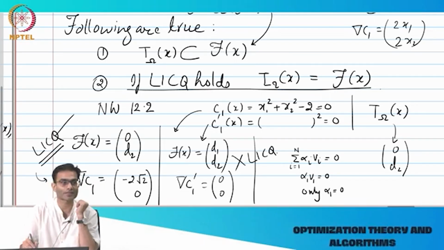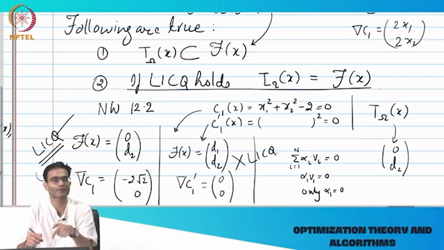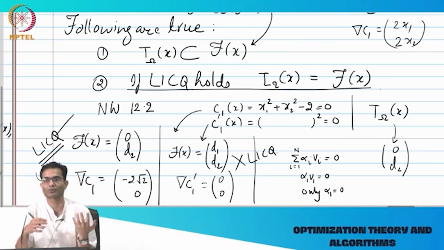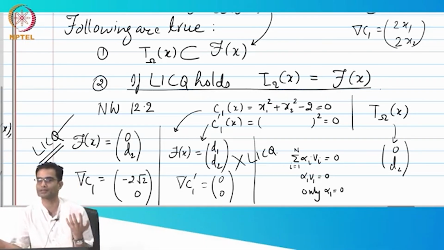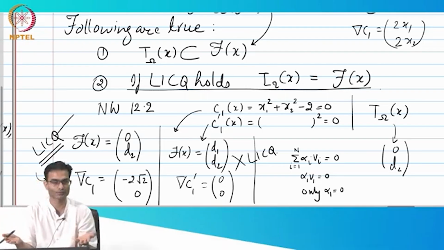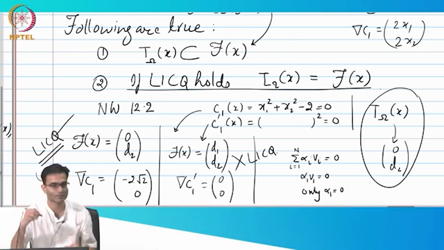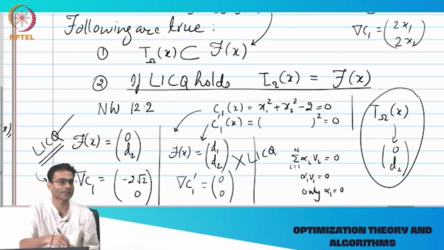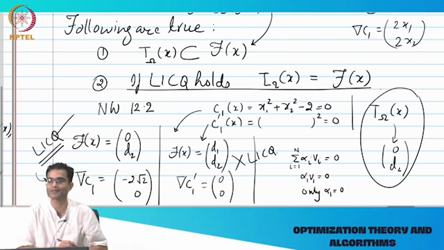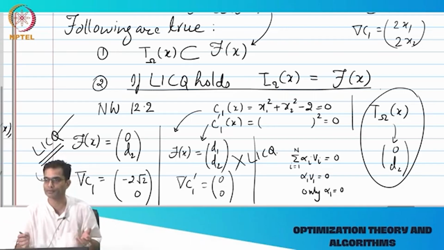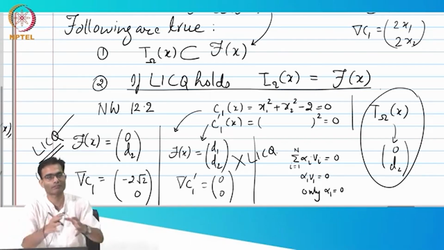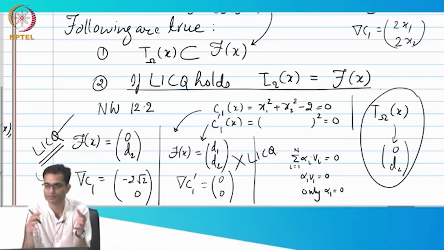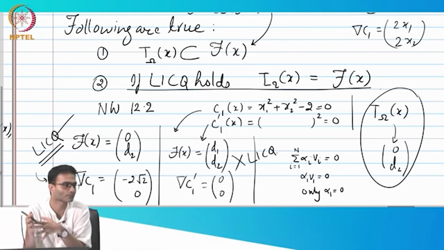Now when it did not satisfy LICQ, we should not expect the tangent cone and the linearized feasible directions to be the same, and that's correct. The tangent cone is telling me this, and it's only agreeing in the case where LICQ holds. When LICQ doesn't hold, we don't expect it, right? So very neatly we've managed to tie together something from geometry and something from algebra.